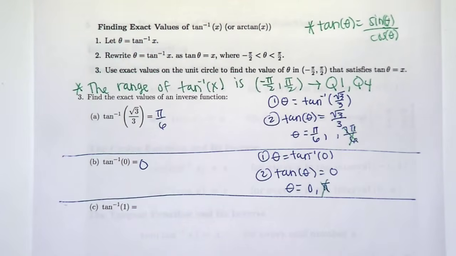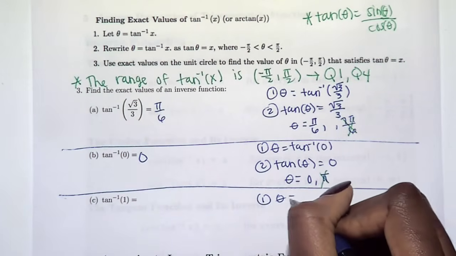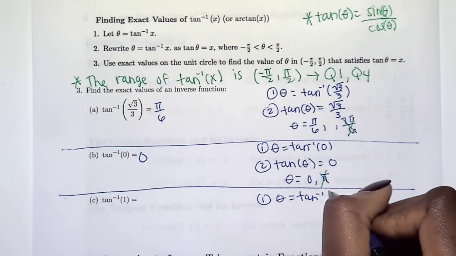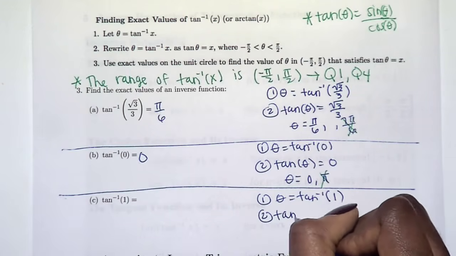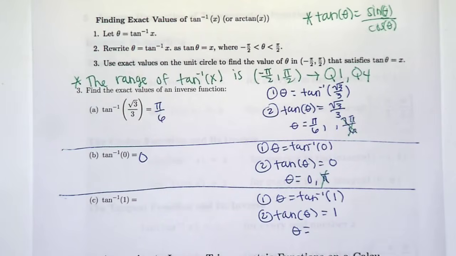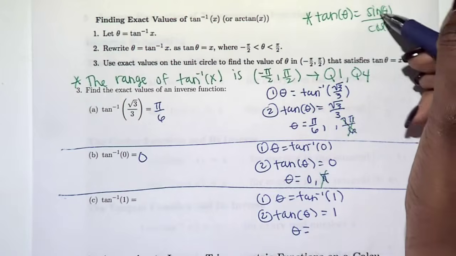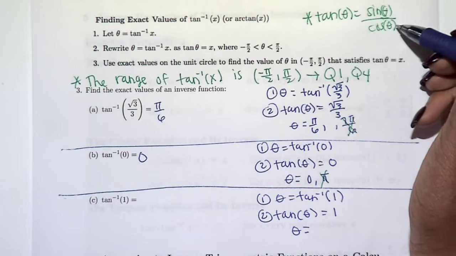And then finally, our theta is given by tangent inverse of 1. So we want to find the angle that makes tangent theta equal 1. All right, so again, tangent is sine over cosine. If we want this fraction to equal 1, that means sine has to be the exact same as cosine.